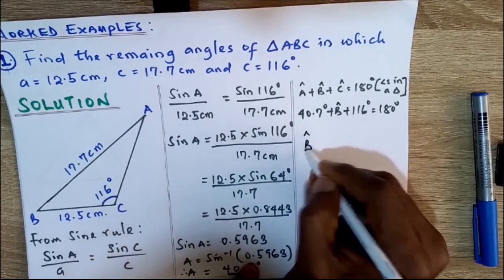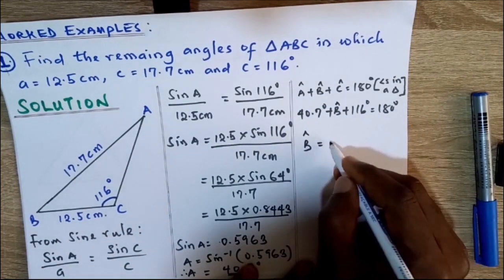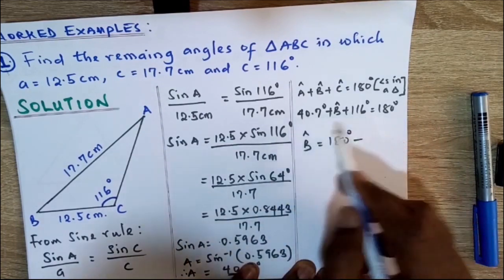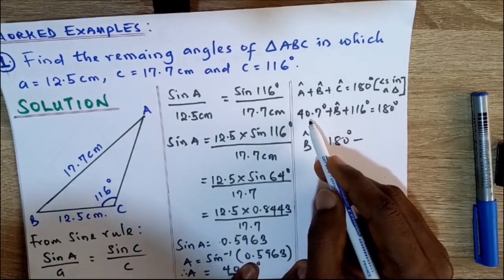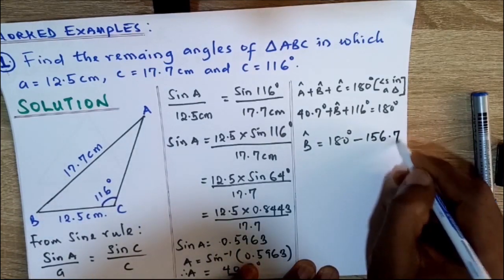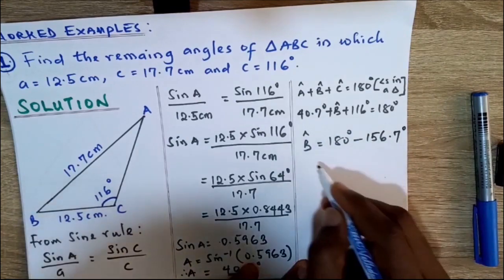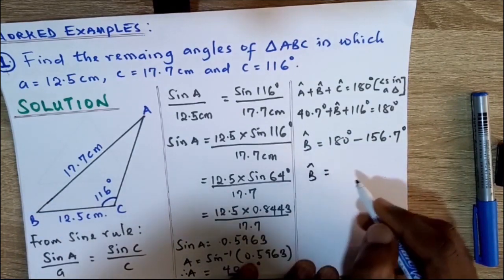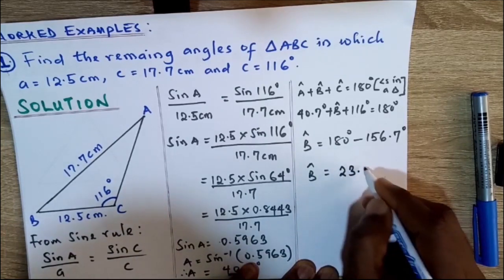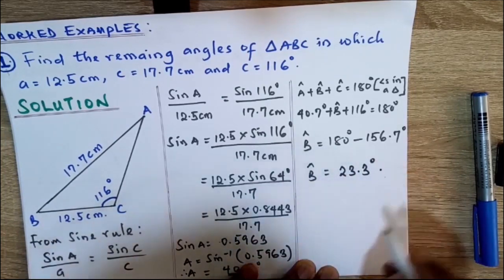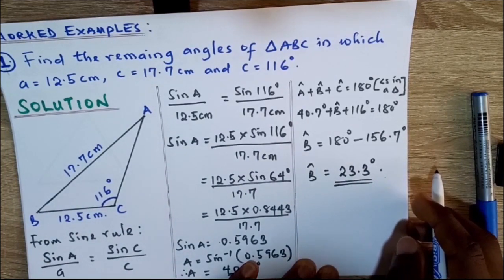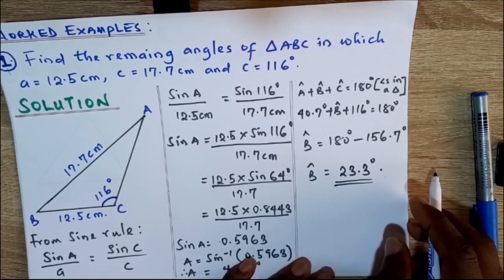So the angle at B should be 180 degrees minus the sum of 116 degrees and 40.7 degrees, which is 156.7 degrees. Taking the difference of these two, we have our angle B as 23.3 degrees. So we've solved for all the angles in the triangle.